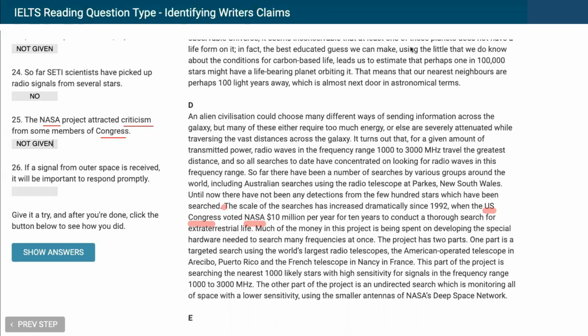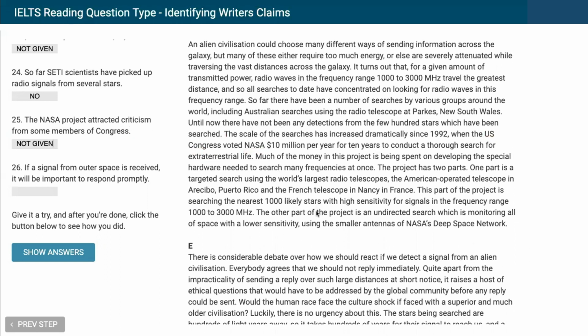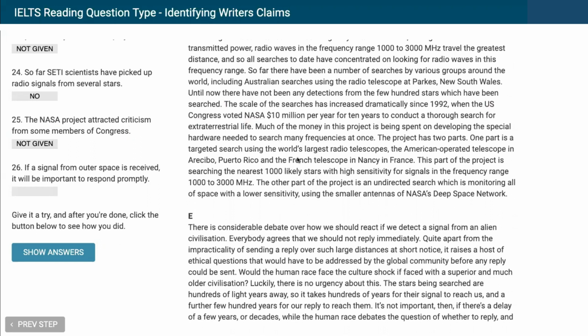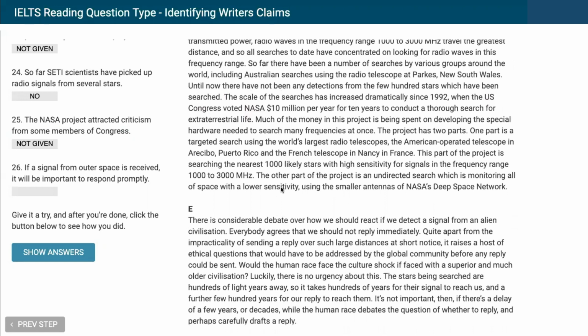Okay, so clear our screen for one last time, and we're going to move our way down because we found our answer, not given, right around here. So let's just make sure we can see everything on the screen. And to remind you of our keywords for number 26, we had signal, outer space, respond, and promptly.